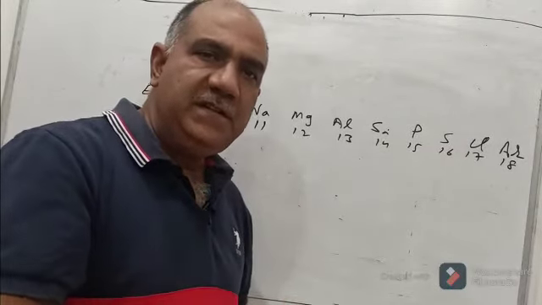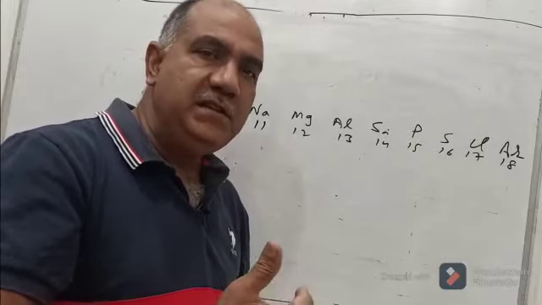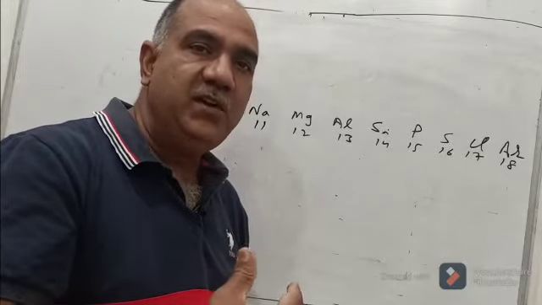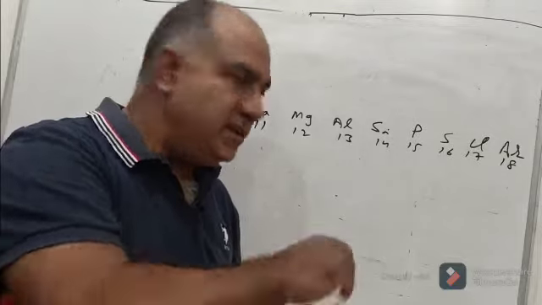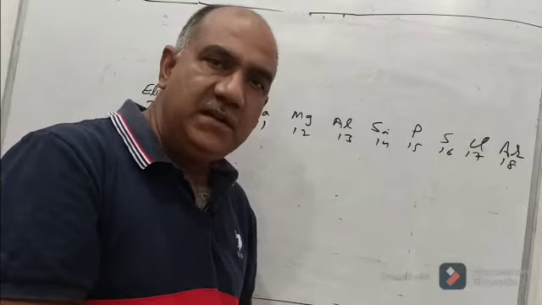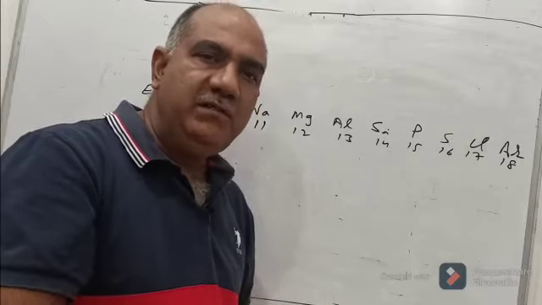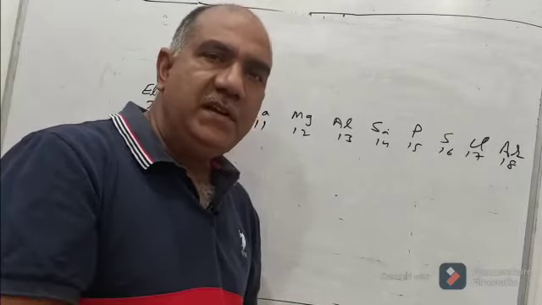Or in other words, he stated that chemical properties are periodic function of the atomic numbers of elements, which means only this: if you arrange elements in the increasing order of atomic numbers, after a certain period you will find that chemical properties are repeated.